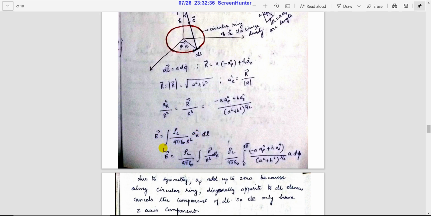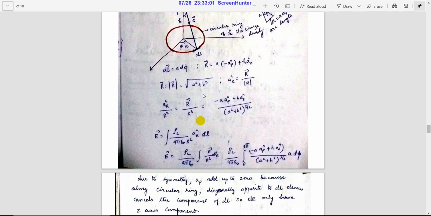This is the common formula for the electric field intensity due to charge distributions. For a line charge distribution we have dl, for a surface it is ds, and for a volume it is dv.